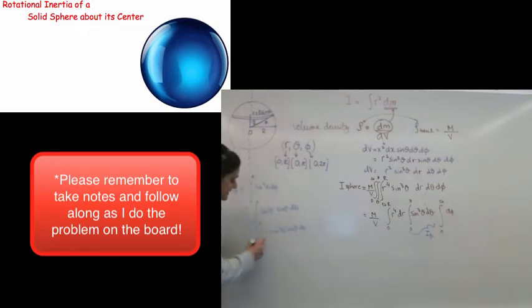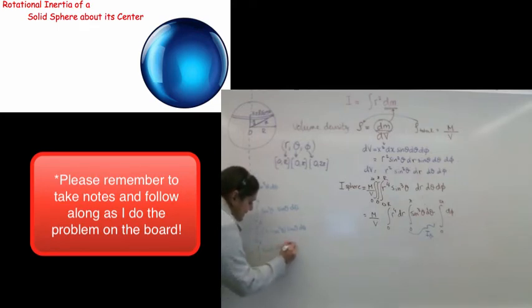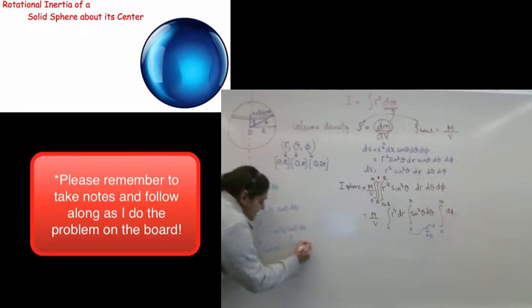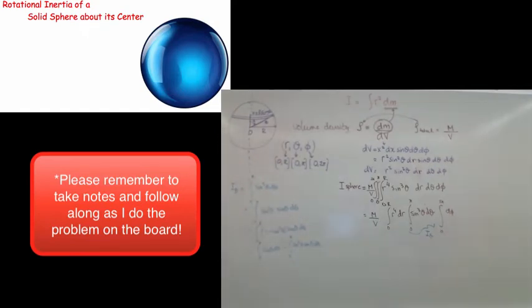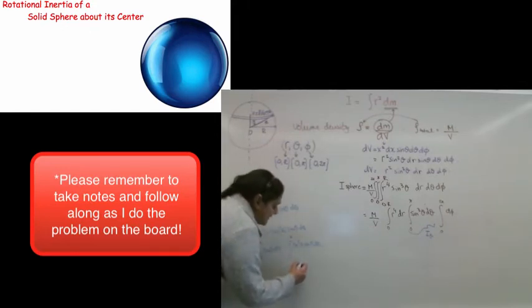And since these are independent of each other, I can rewrite this as the integral from 0 to pi of sine theta d theta, minus the integral from 0 to pi of cosine squared theta sine theta d theta. Well, this integration now becomes easier, but this one, we will need a u substitution for. So in this case, let u equal cosine theta.